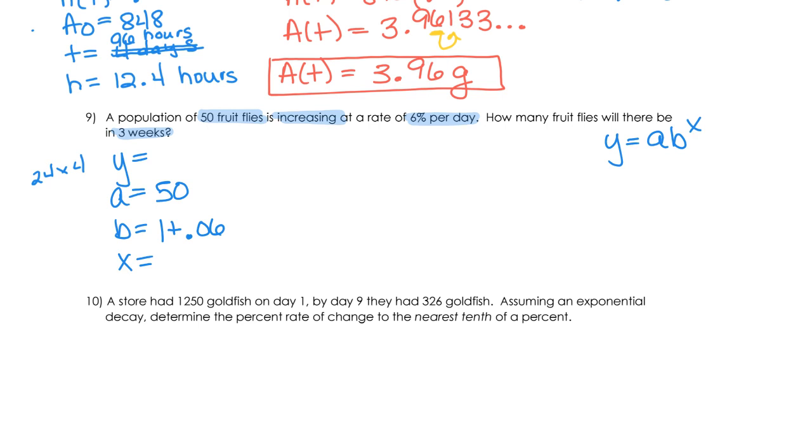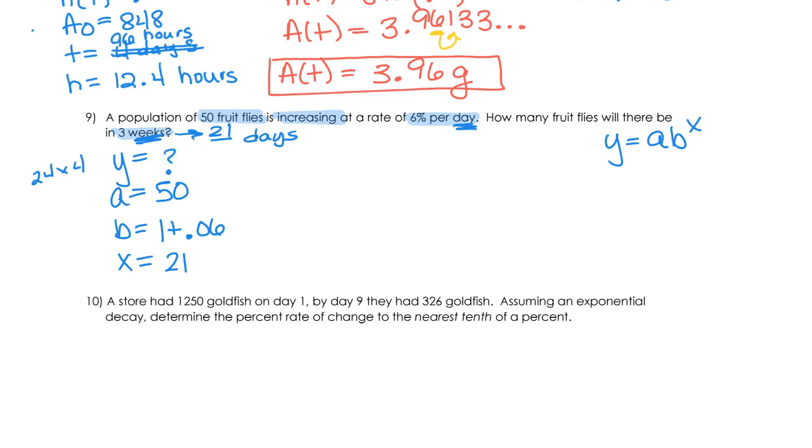I'm not sure if you guys catch that, but we have weeks and days. We can't change our percent because that's 6% per day, but we can change our 3 weeks to days. So how many days is in 3 weeks? Remember, 7 days in a week. 7 times 3 would be 21 days. All right, a little bit tricky with that conversion.